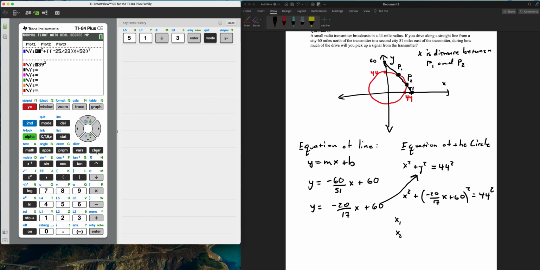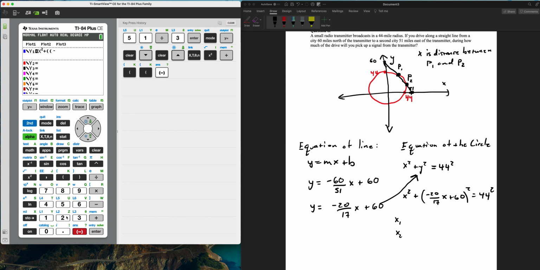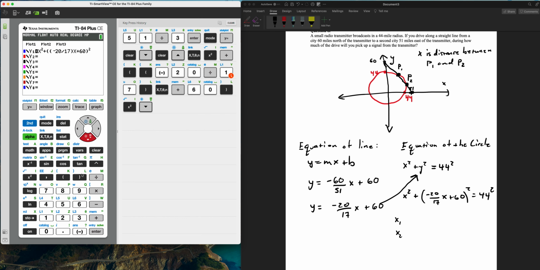So we're going to click y equals, and we're going to put the left hand side of the equation, that's x squared plus negative 20 over 17 x plus 60, squared, and then in the second equation we're putting 44 squared.